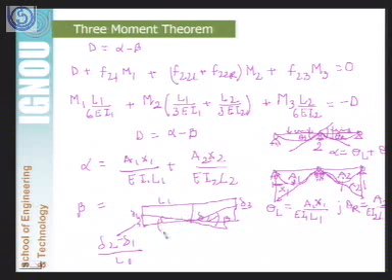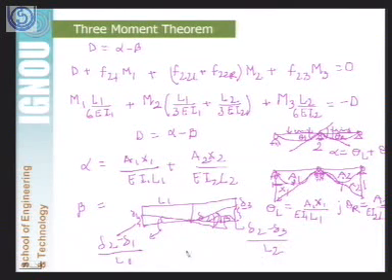Again this angle we can calculate, this will be equal to this length divided by this length. So this length is delta 2 minus delta 3 divided by L2. So friends, beta is nothing but the addition of these two angles.